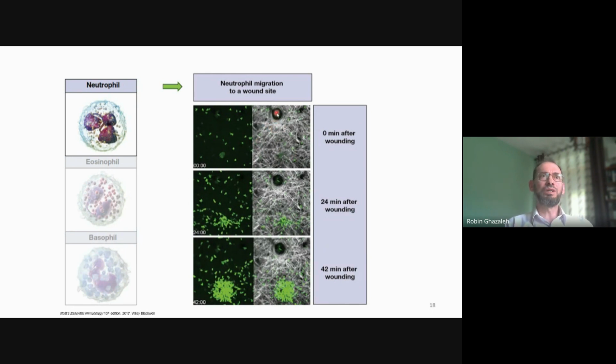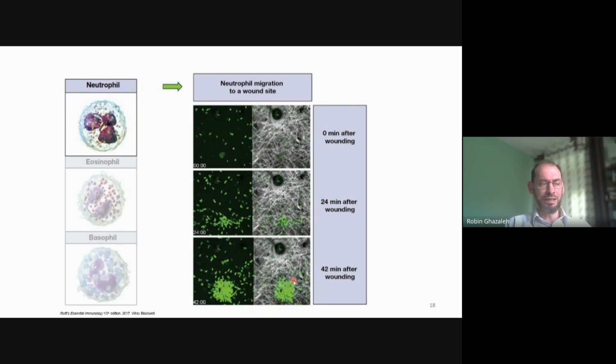We make a wound on the surface of the cell along here. هلا تقريبا فيش شيء، كم نيوتروفيل موجود، بس بعد نص ساعة، يعني 24 دقيقة، بلش يتكون النيوتروفيلز في هذا النسيج. تيجي 42 دقيقة كمية هائلة جدا، يعني خلال نص ساعة، خلال ساعة بعد الووند، بيجوا النيوتروفيلز على هذا السايت.